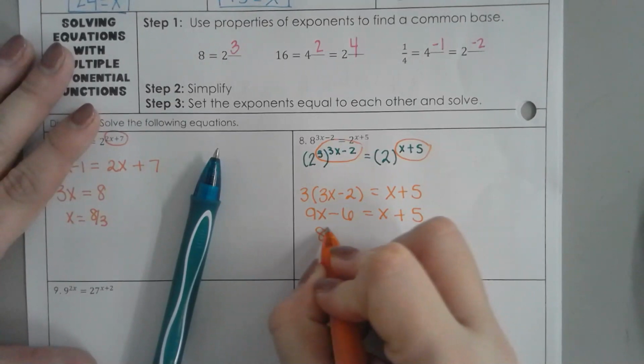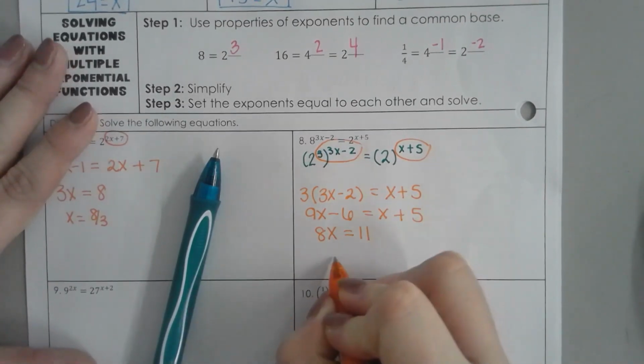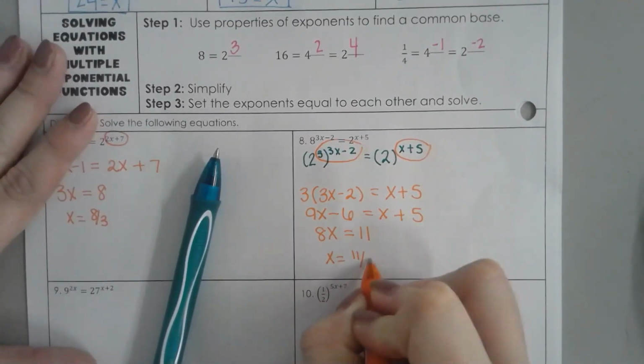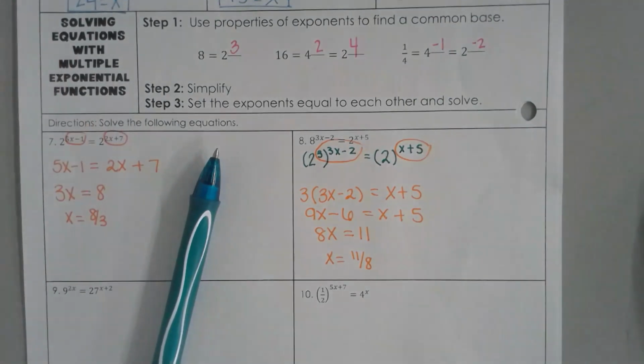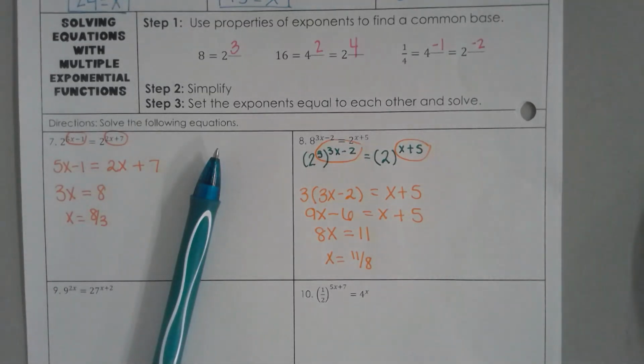So 8x equals 11, or x is 11/8. Now this one I only had to change the 8. Sometimes you might have to change both of them, and sometimes there's more than one way you could change it. And you still get the right answer in the end.